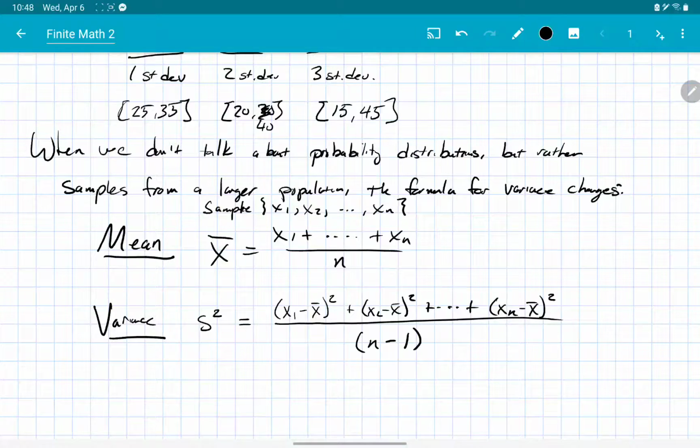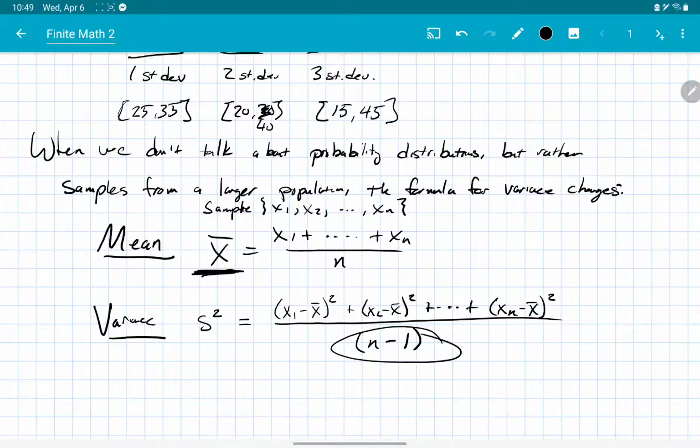Okay, why is this n minus 1 here? Well, it's a technical problem, and it has to do with the fact that this mean that we calculated is probably not the true mean. Right? It's a sample mean. It's probably off from the true mean by a certain amount. And this n minus 1 there is supposed to capture that certain amount. And in some theoretical sense, you can show that it does. But you don't need to worry about that.